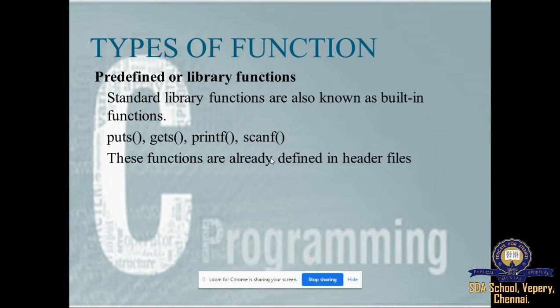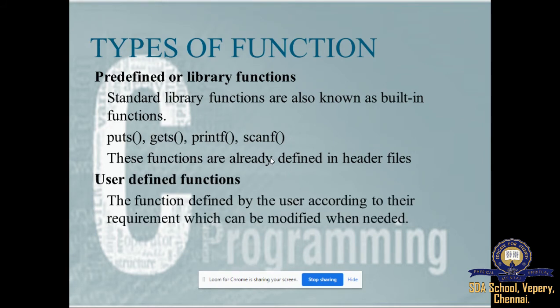You can use them. Okay, user defined functions are nothing but the functions which are defined by the user according to the requirement. So which can be modified whenever needed. You can modify the function, but for printf you can't modify, for scanf you can't modify because it is already defined in your library. Okay, but in a user defined function you can modify on your own.